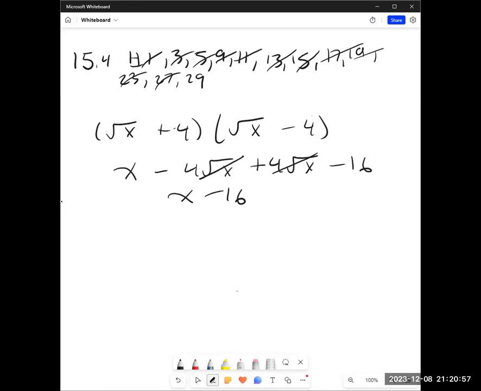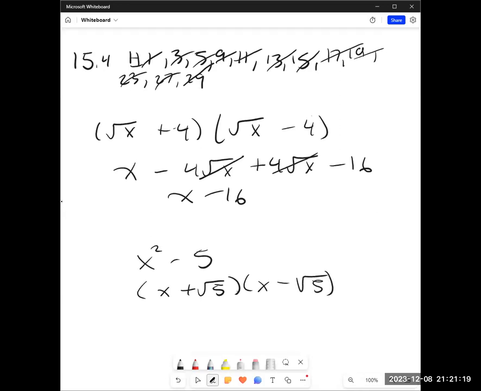So I hope you can see that there's some things we can factor using the difference of two squares and square roots that don't look traditional to us. For instance, if I had x squared minus 5, I'd be able to break that down into x plus the square root of 5 and x minus the square root of 5.